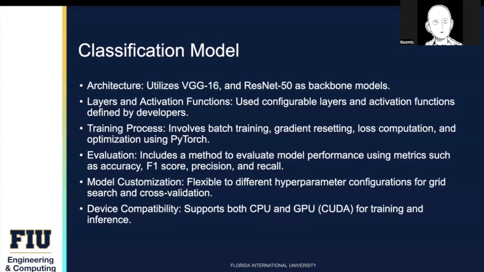And we were also able to customize these models using different hyperparameters such as activation value, activation functions, loss functions, batch size, etc. And we are able to train these on CPUs and GPUs, NVIDIA GPUs, but we chose GPUs as they're basically always more time effective.